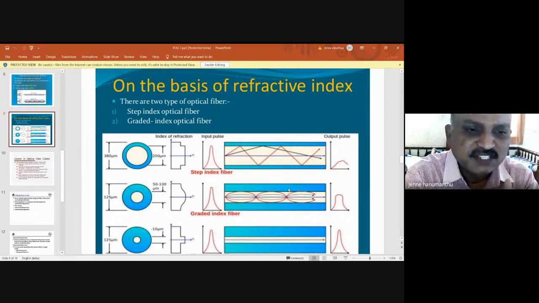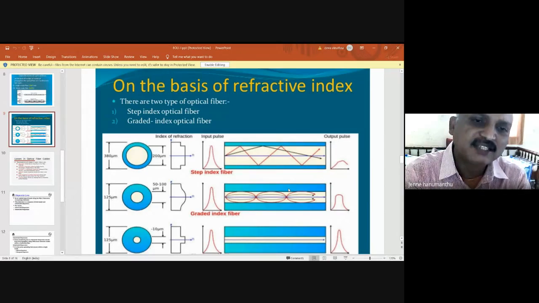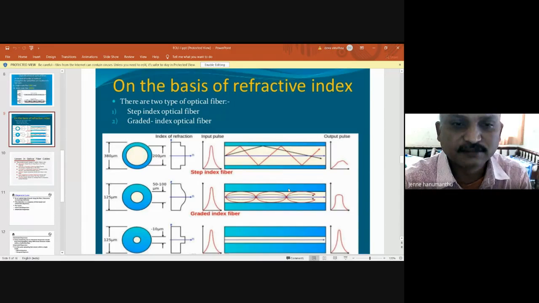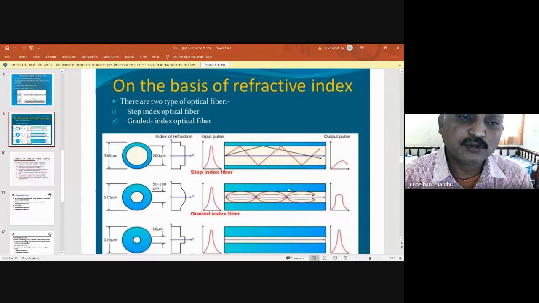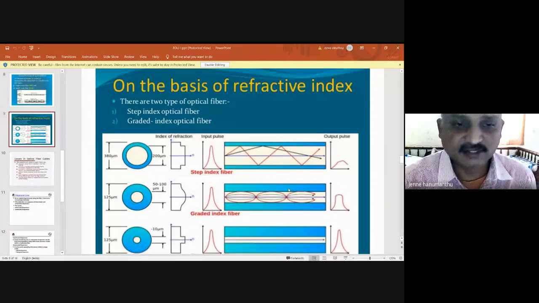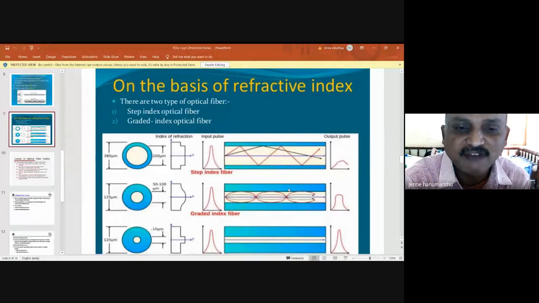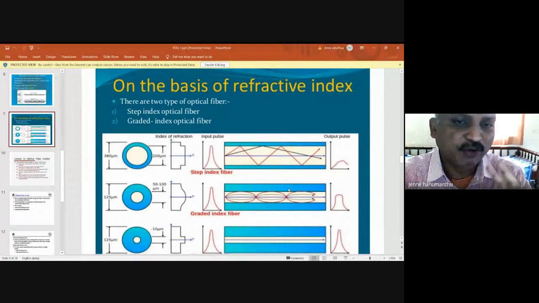Core is made with one material, cladding is made with some other material. So core has some refractive index, cladding has another refractive index. So fiber has two refractive indexes, core and cladding.